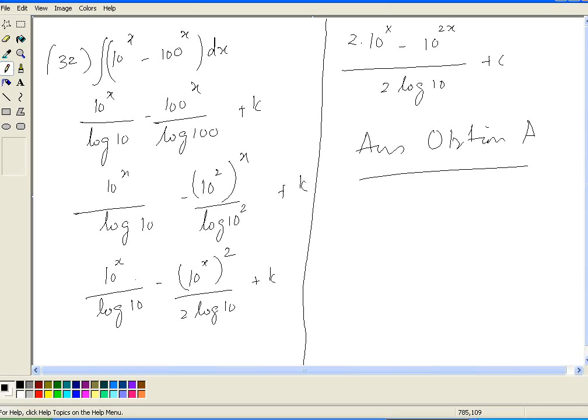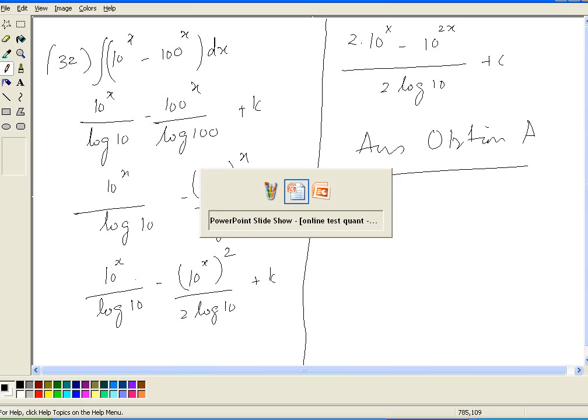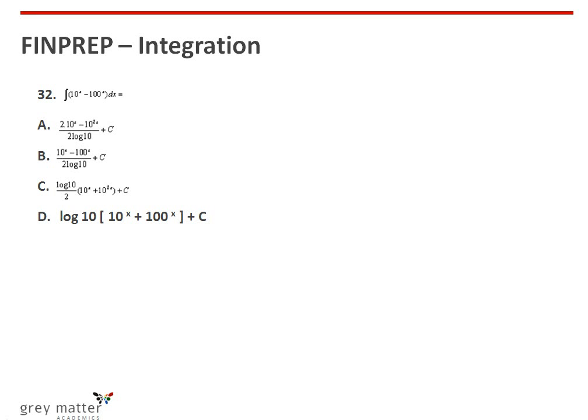So the answer is option A. Going back to our PowerPoint presentation, it is option A, which says 2 into 10 power x minus 10 power 2x by 2 log 10 plus c.